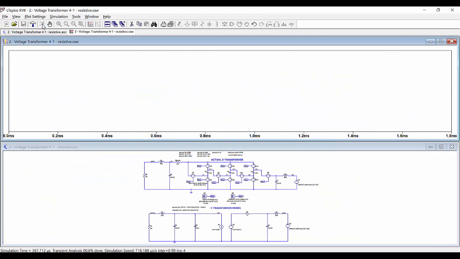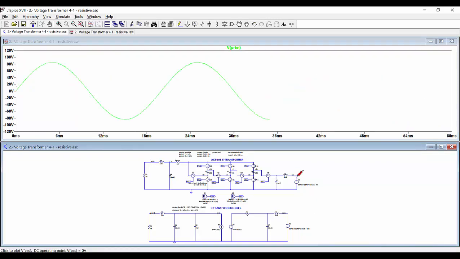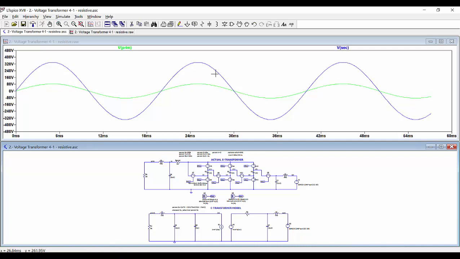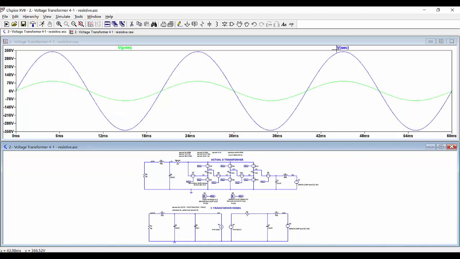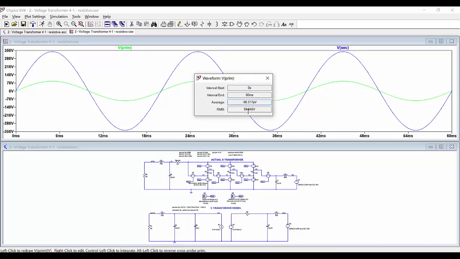So now we can run the simulation and look at the voltage at the primary side and also the voltage that we are applying on the secondary side. So in blue we can see the voltage of 240 volts, and in green we can see the output voltage, which is something like 59.6 volts, very close to 60 volts RMS, but a little bit lower due to the series resistance.